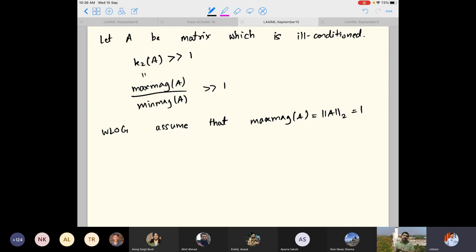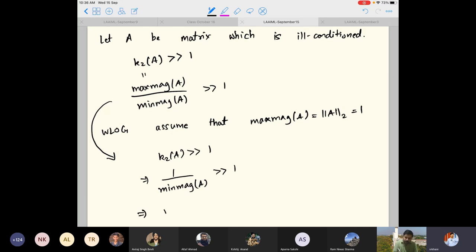So if in the condition number calculation the maximum magnification is 1, and the condition number of A is very much bigger than 1, it actually implies that 1 upon minimum magnification of A is really big, correct?